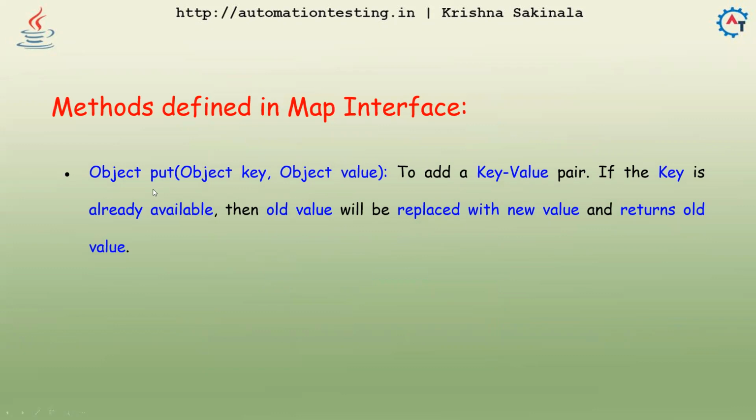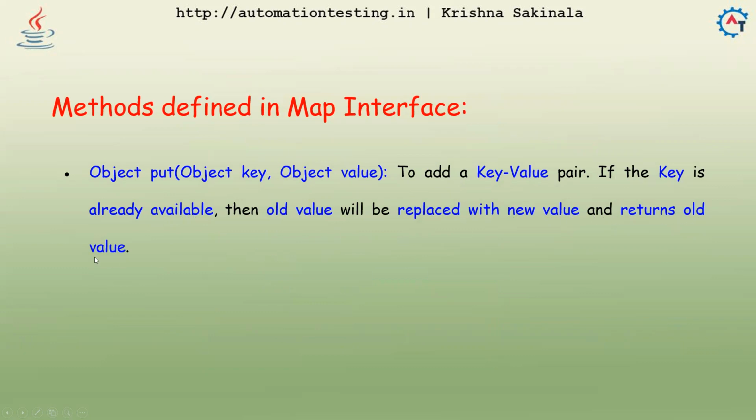But here it is the put method, with object key and object value. We discussed that key value pairs are both objects. This is used to add a key value pair. If the key is already available, then the old value will be replaced with the new value and the old value is returned.